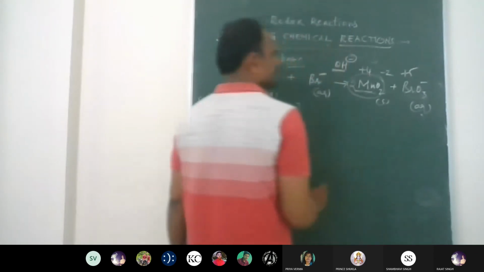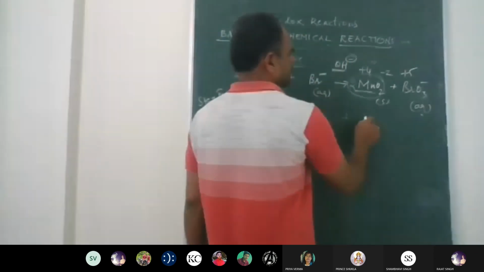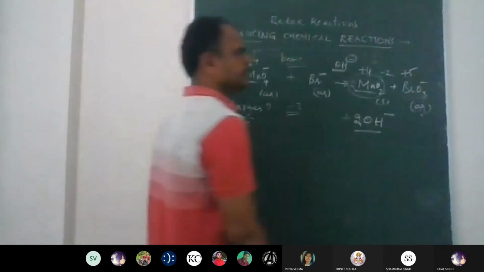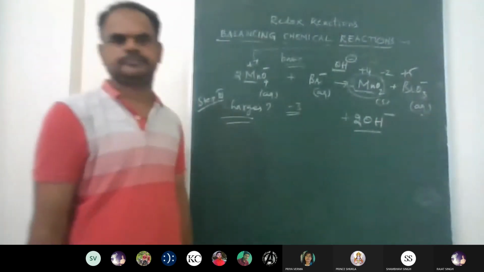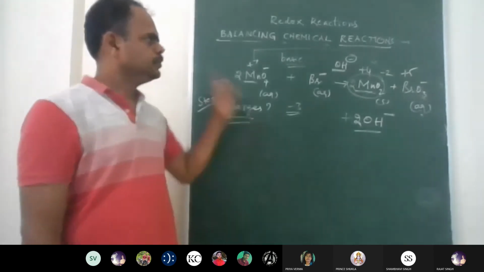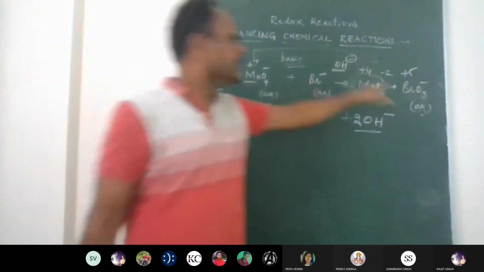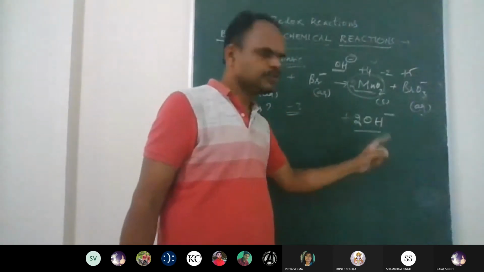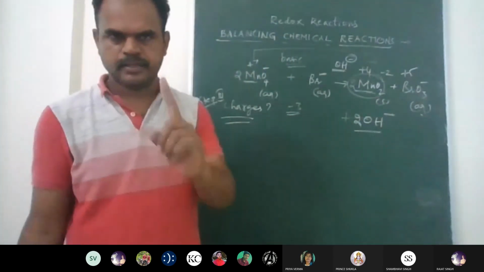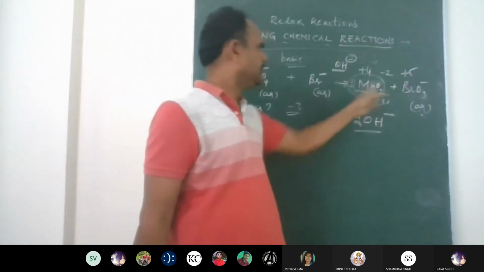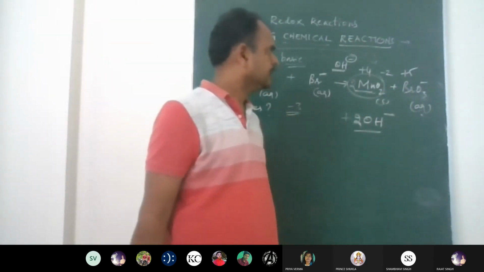So I am bringing 2 OH minus on the right side, because this side is -3 and this side is -1. Right side 2 minus and 1 minus, 3 minus now.